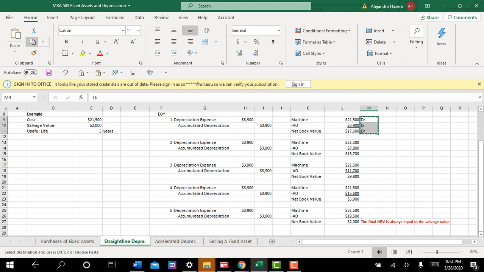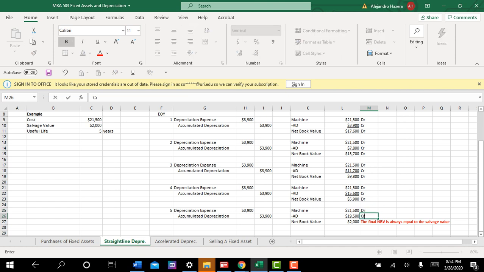So I'm just going to go ahead and copy. These are just reminders of the debits and credits. I run out of room here, but you know that that's a debit. That's a debit. The accumulated depreciation is a credit. And finally, the net book value here is going to be a debit too. The net book value is always equal to the salvage value.